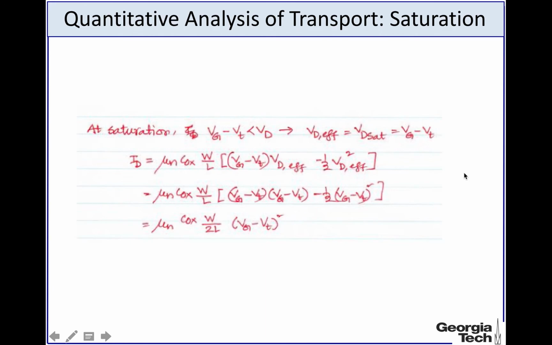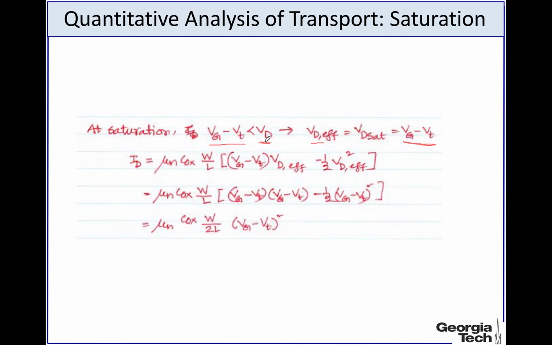So what we usually do is write it like this: when we have saturation, your drain voltage becomes larger than Vg minus Vt, and effectively the voltage of the channel at or near the drain end becomes saturated, and that voltage becomes equal to Vg minus Vt.